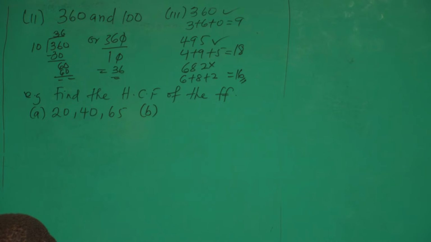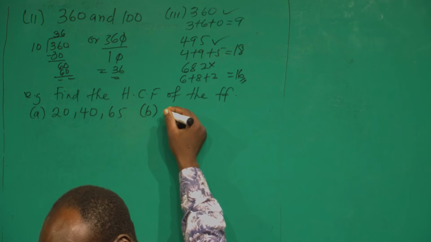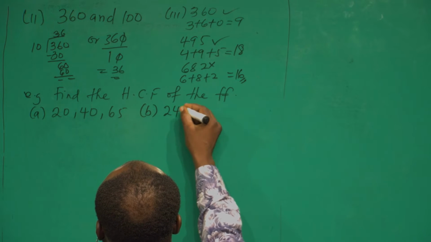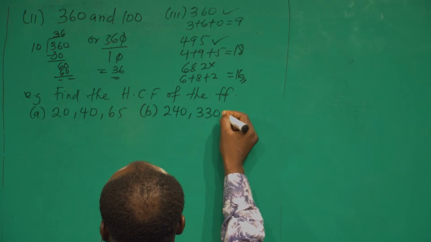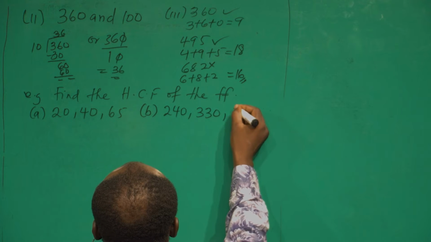As we said, in MTA mathematics lesson, we are making mathematics easier for the learner. So B, 240, 330, 339.